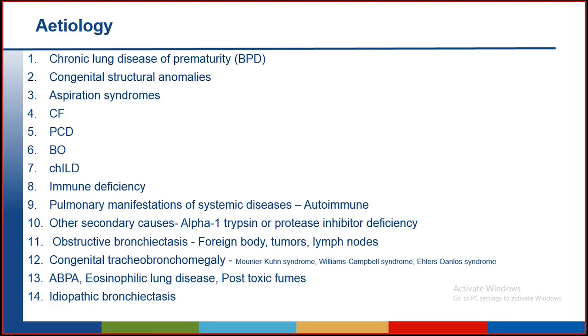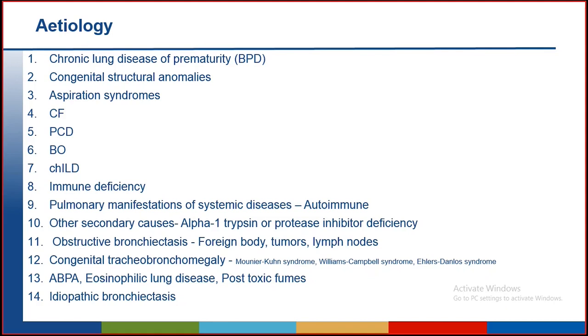Very rarely there can be toxins or aspirations. Sometimes, whatever sophisticated investigations, genetic and all these things are available, in about one third to one fourth of cases the etiology is very difficult to diagnose, and this is termed idiopathic bronchiectasis.